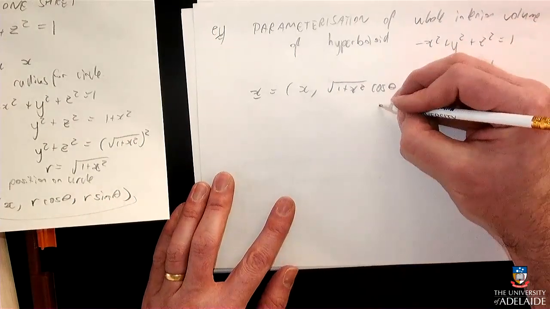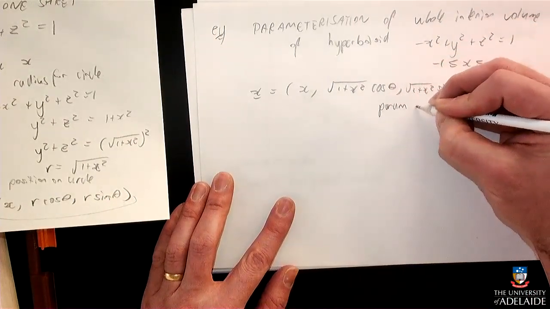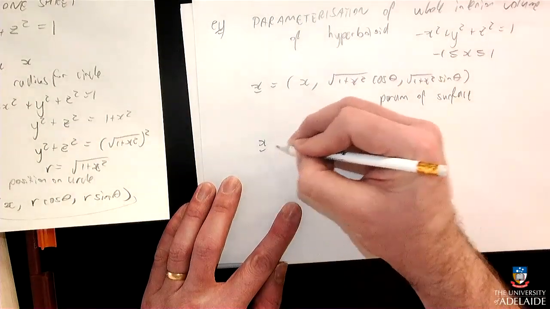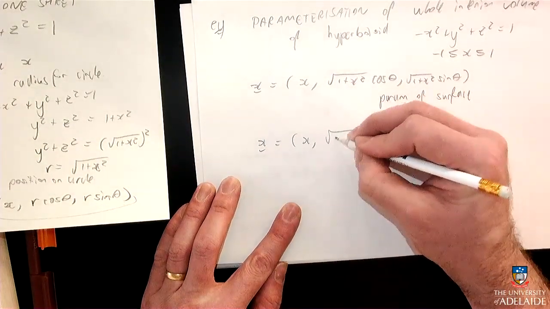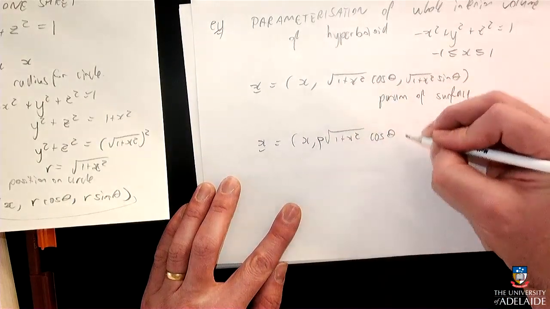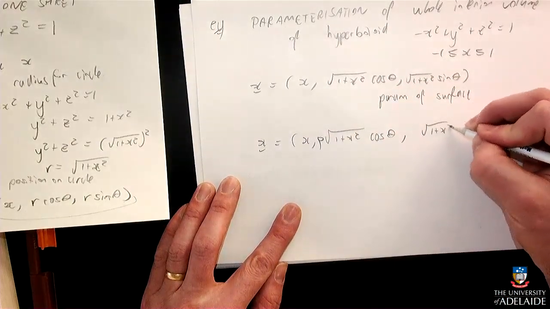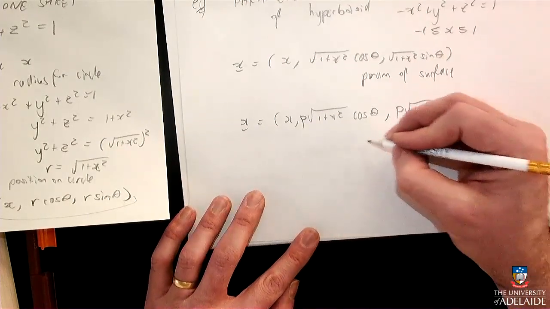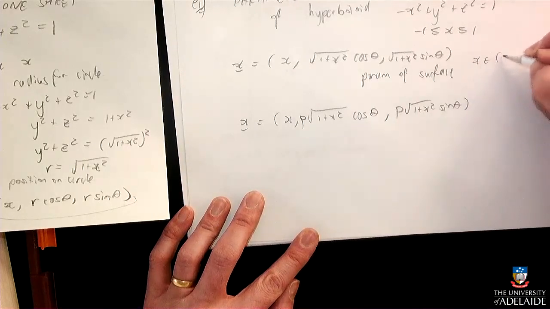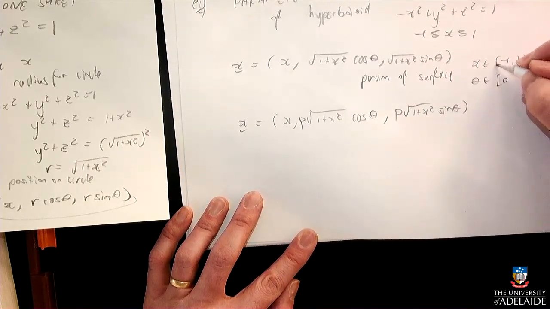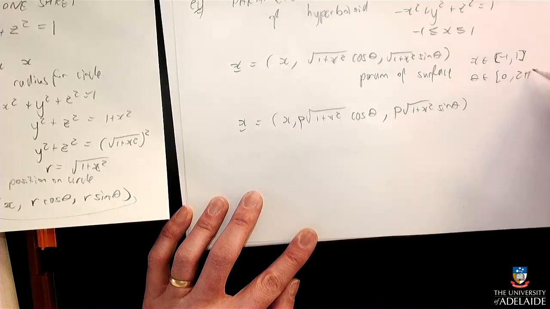This was the parameterization of the surface. Well, let's do this. So this was the x went from minus 1 to 1, and the theta went from 0 to 2 pi.